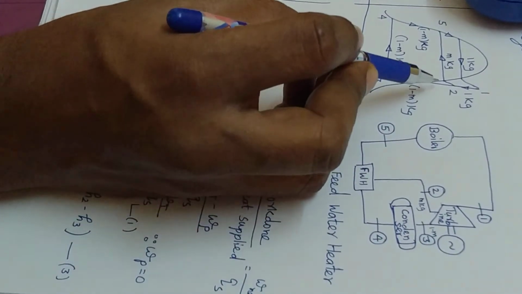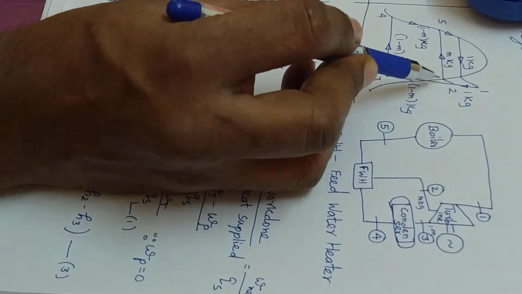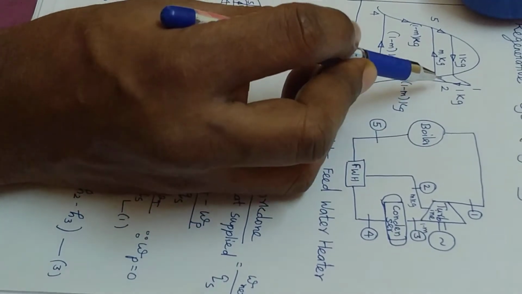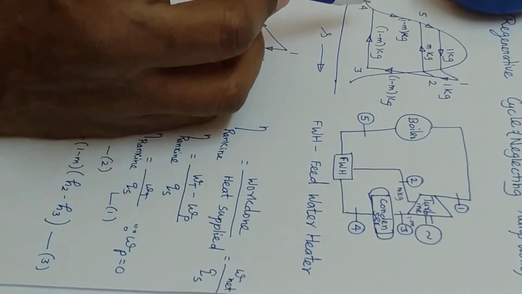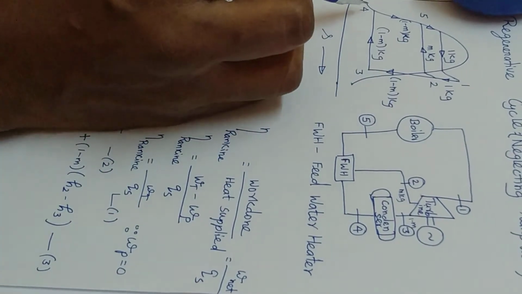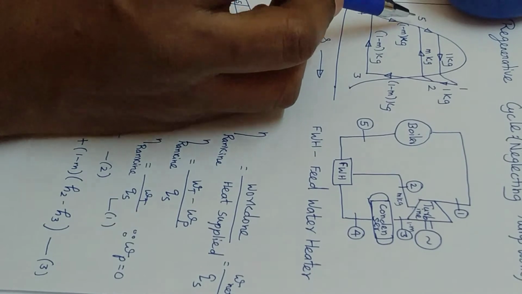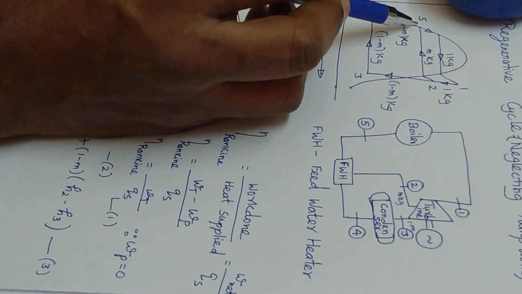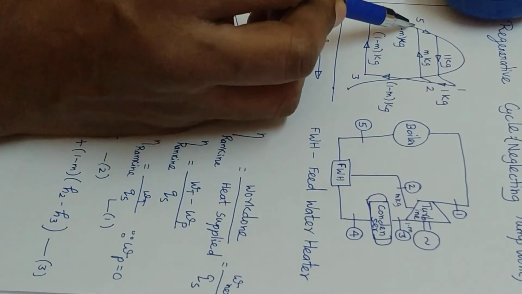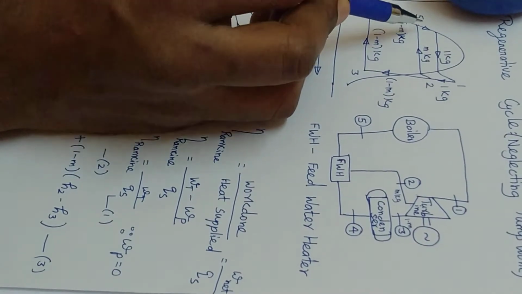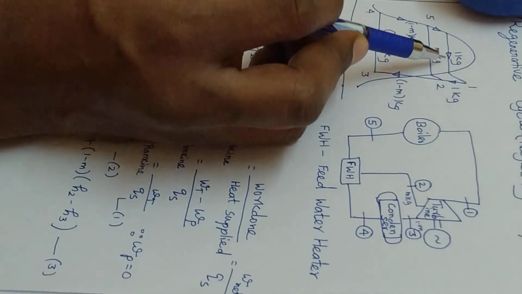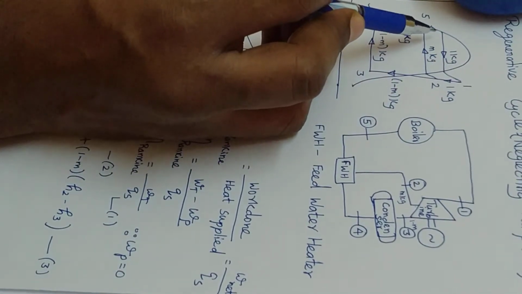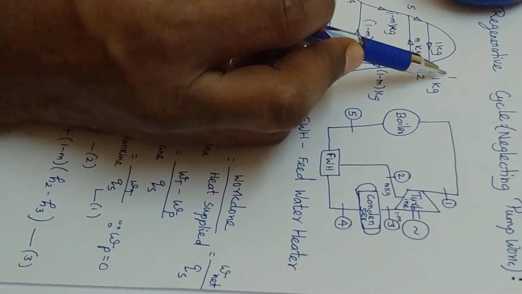So now 1 minus m kg is getting expanded in the turbine between points 2 and 3. This 1 minus m kg of steam is getting converted into a condensate, and then it is sent to the feed water heater, and this 1 minus m kg of condensate and m kg of steam both get mixed up, and it becomes 1 kg of feed water. Again it is supplied to the boiler and converted into steam. That steam is supplied to the turbine.